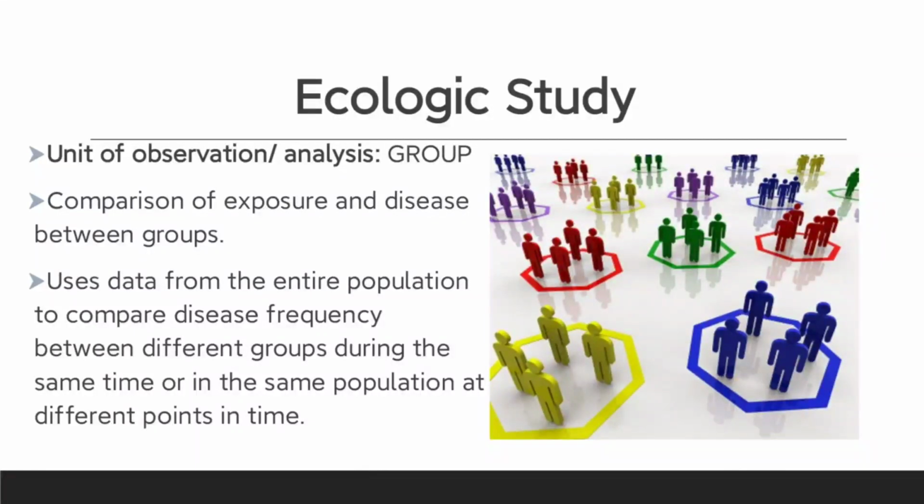Okay, so basically what we are trying to say here is that the comparison can be done by comparing populations in different places at the same time or in a time series. Okay? So ito, ibig sabihin, pwedeng isang point of time lang or pwedeng multiple points in time or time series. Comparing the same population in one place at different times. Okay?